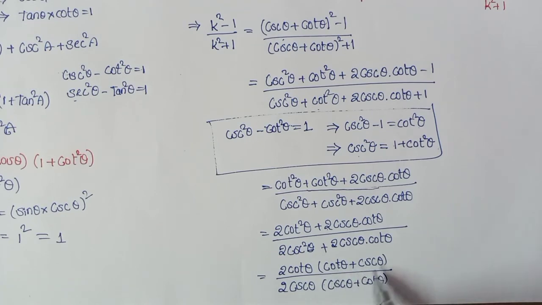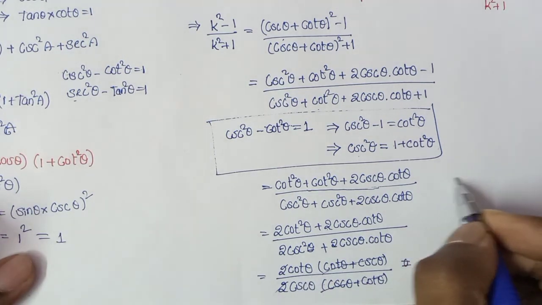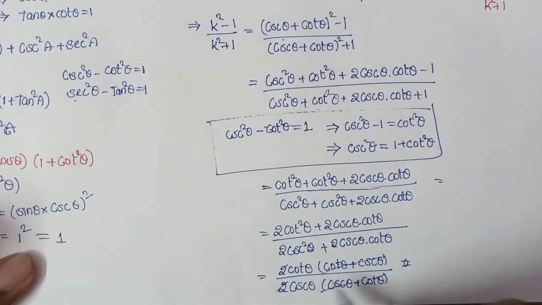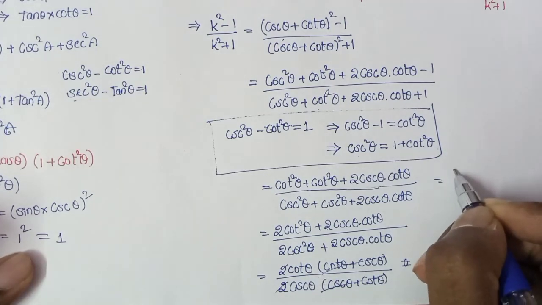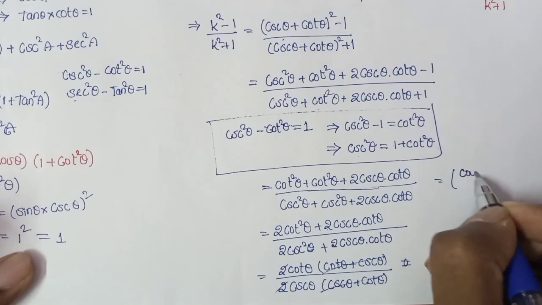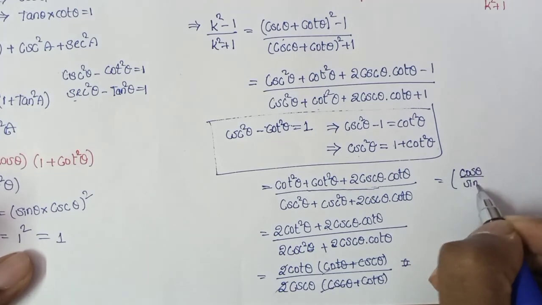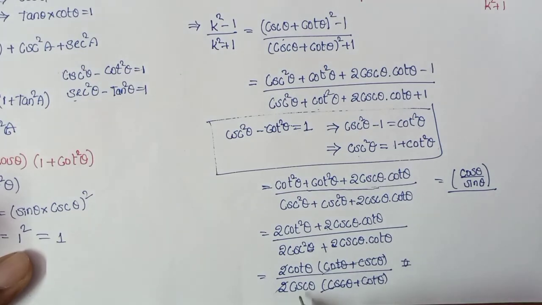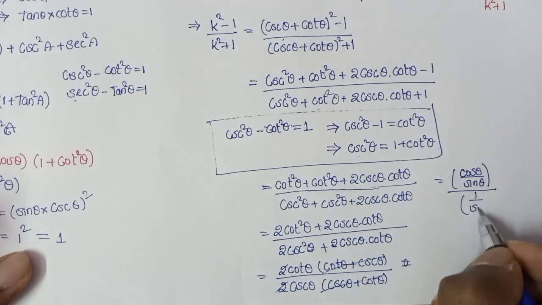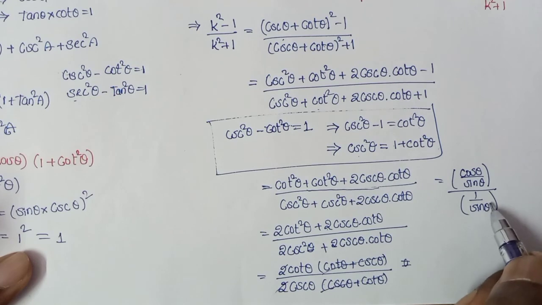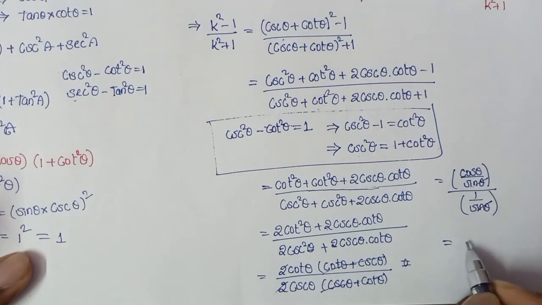Here cot theta plus cosec theta and cosec theta plus cot theta are one and the same, so you can cancel them. So we get cot theta by cosec theta. What is cot theta? Cot theta is equal to cos theta by sin theta, divided by cosec theta, which is 1 by sin theta. Sin theta gets cancelled, and we are left with cos theta.